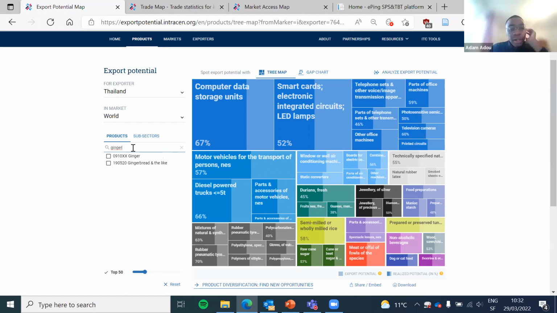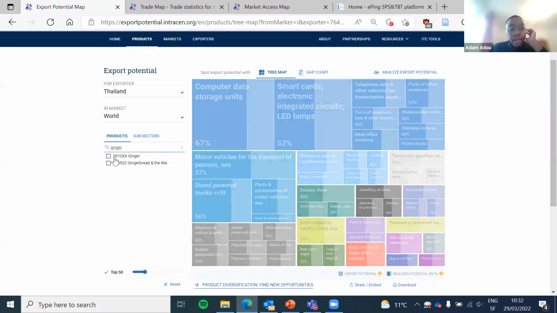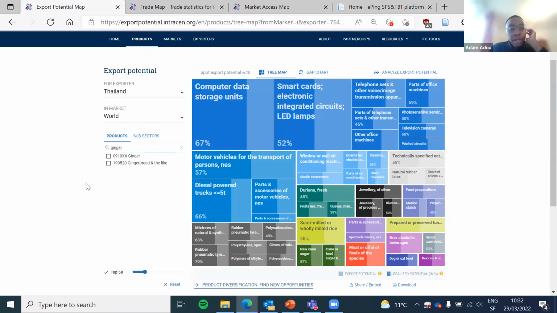Some products are grouped. This is why for ginger, you see the first 4 digits of the HS code and 2 letters at the end, because different varieties of ginger have been grouped into one category to ease the searching a little bit, and also to avoid the problem regarding a Harmonized System update.